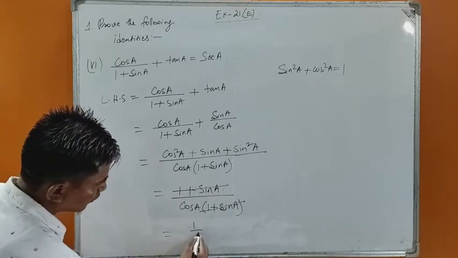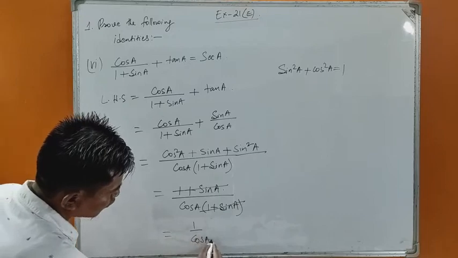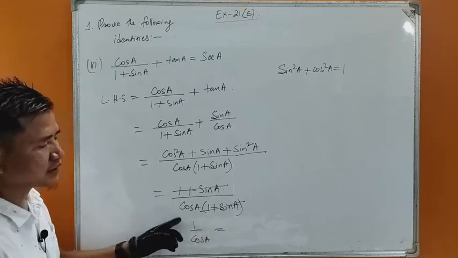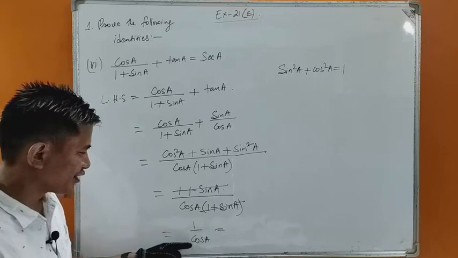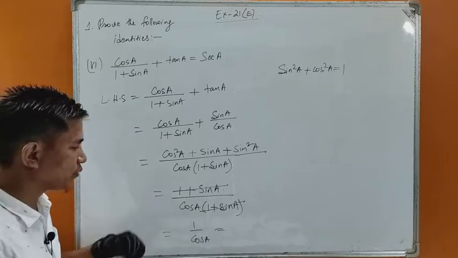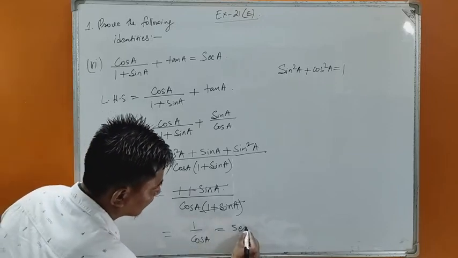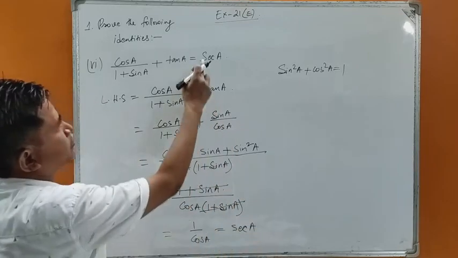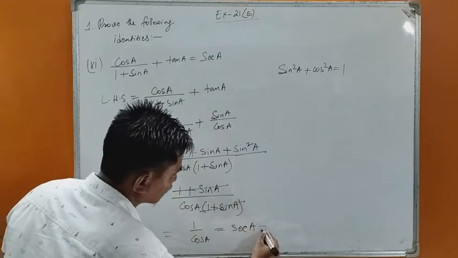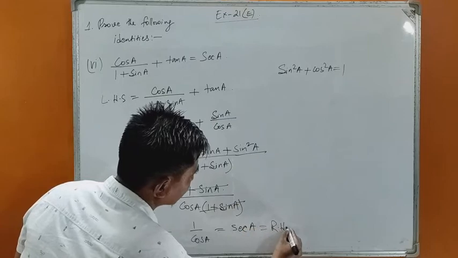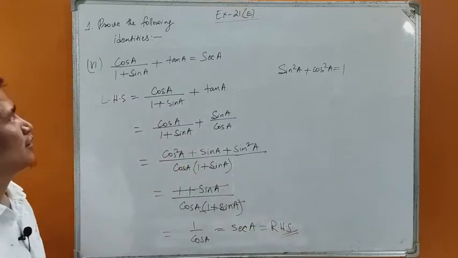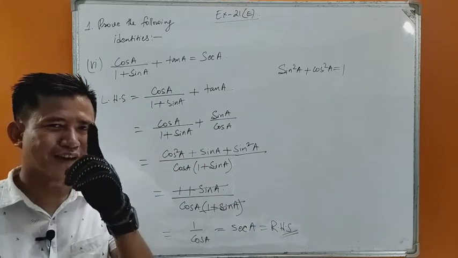So we have 1 upon cos a. So 1 upon cos a means cos and sec are the reciprocal of each other, isn't it? So if we bring this cos a to the numerator, it becomes sec a. So this is what we have in the right hand side, equals RHS. Hence proved.